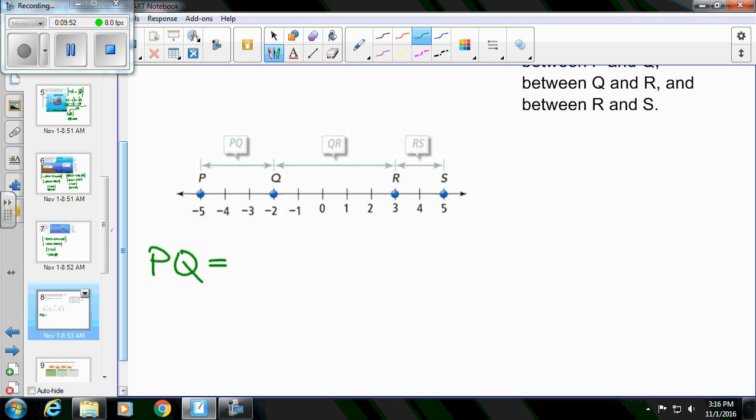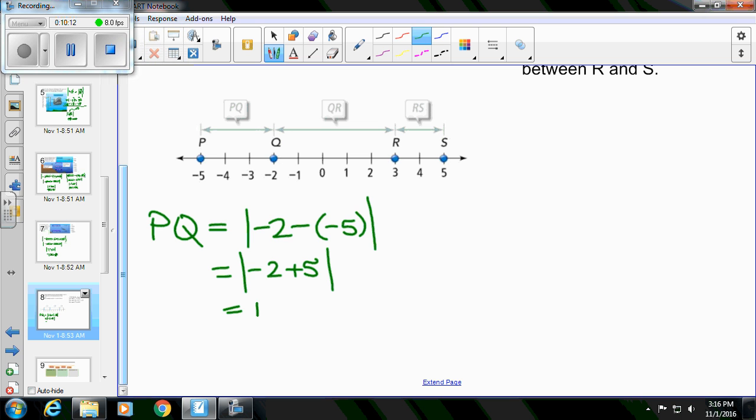The segment PQ, I have negative 2, that's where Q is, minus negative 5. Stop, add the opposite. Do my arithmetic. I get the absolute value of 3, which we know is 3.